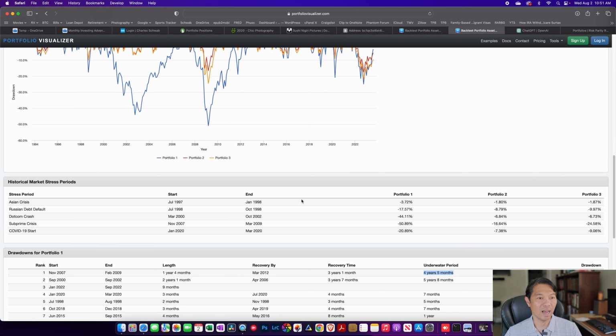If you were relying on these funds, you're underwater for almost 5 years. That's scary. There are other time periods where the underwater period is even longer. This is 5 years and 8 months, almost 6 years of being underwater. If you're retired or relying on these funds, it can be very scary to be underwater for that long period of time.